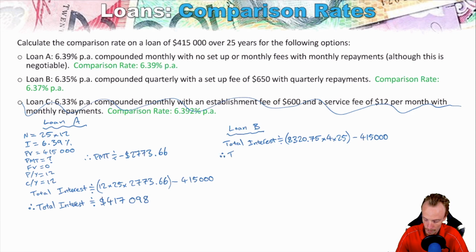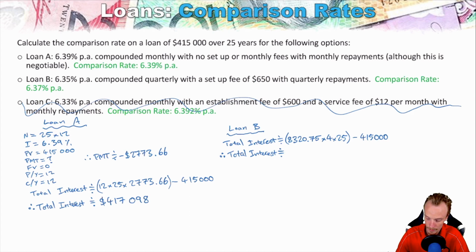So therefore, our total interest here is going to be approximately equal to 8320.75 by 4 by 25. Subtract the 415,000.